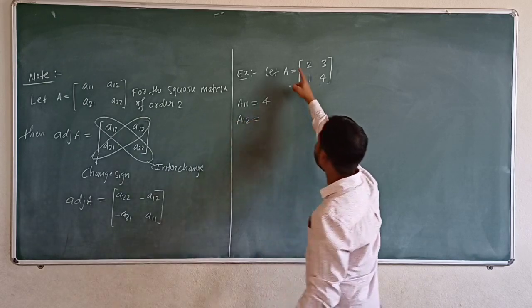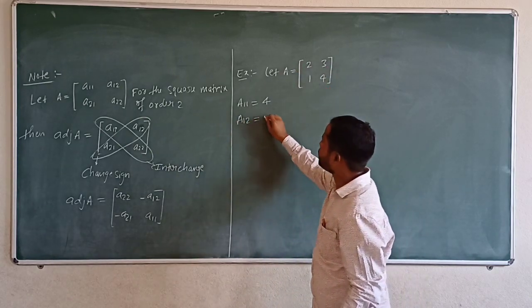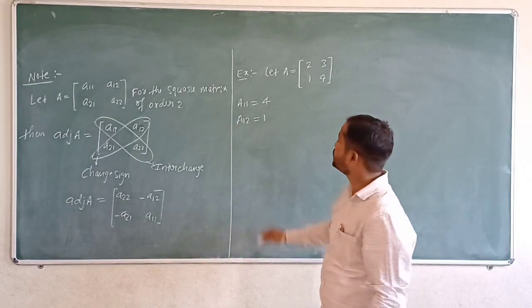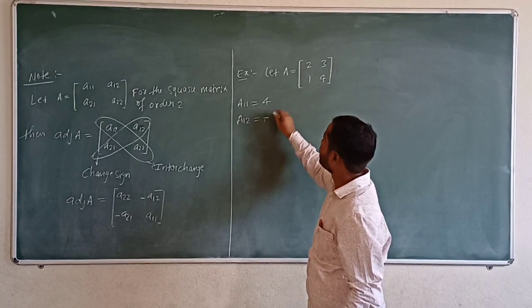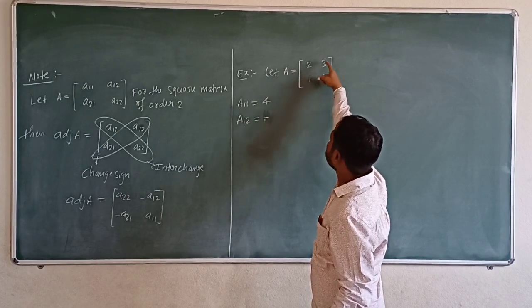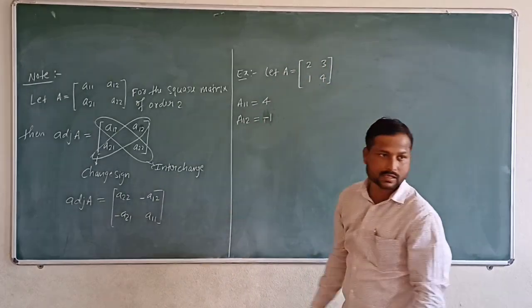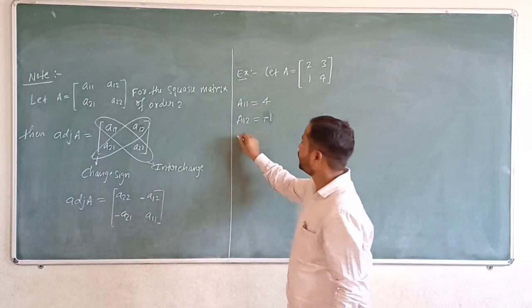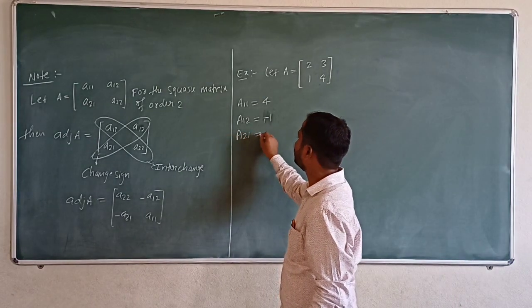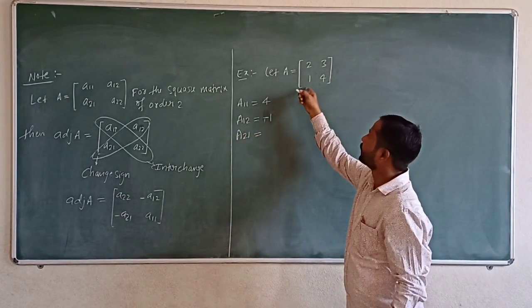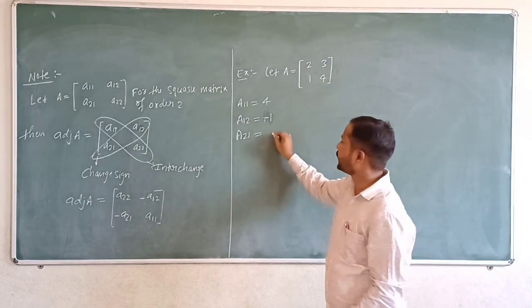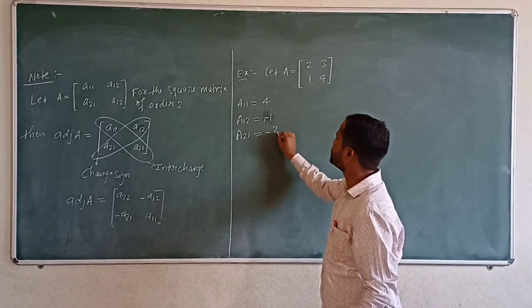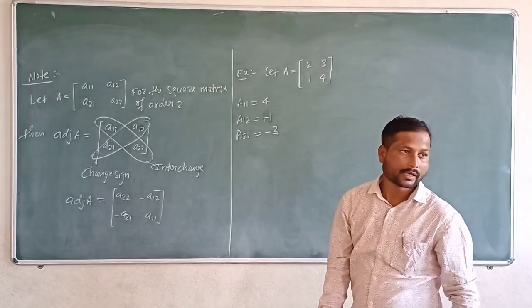A12 is minus; delete the first row and second column, then the answer is 1, so minus 1. Next take a21: delete the second row and first column. A21 is negative, take minus, and the remaining element is 3, so that is minus 3.